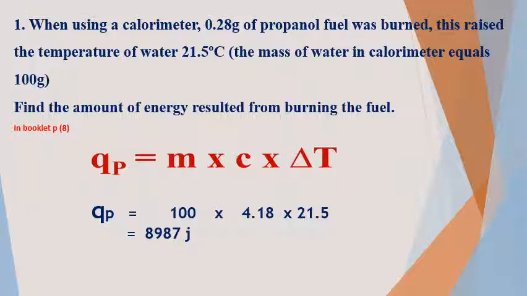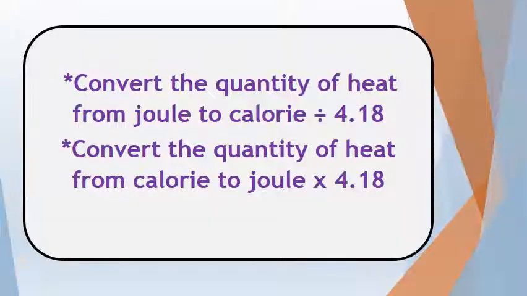Its measuring unit equals joule. Pay attention. To convert the quantity of heat from joule to calorie, we must divide the value by 4.18, and to convert the quantity of heat from calorie to joule, we must multiply the value by 4.18.